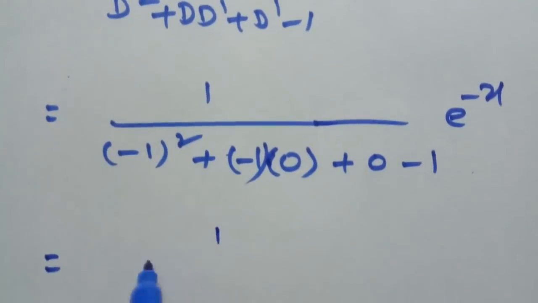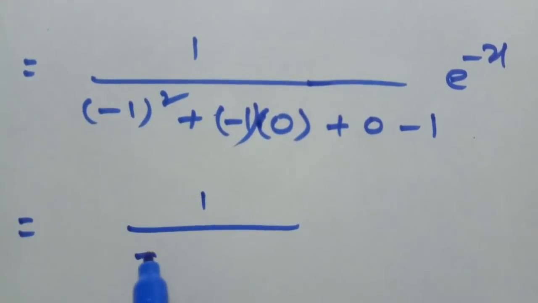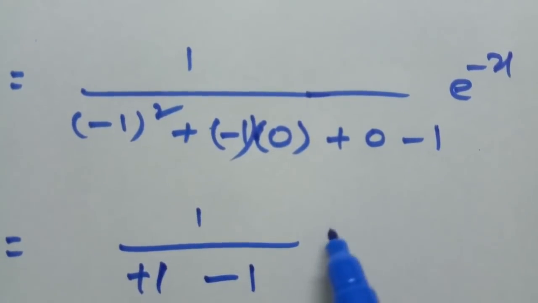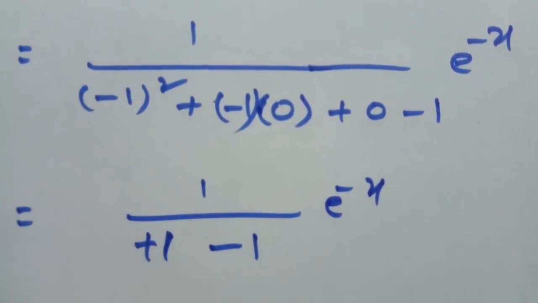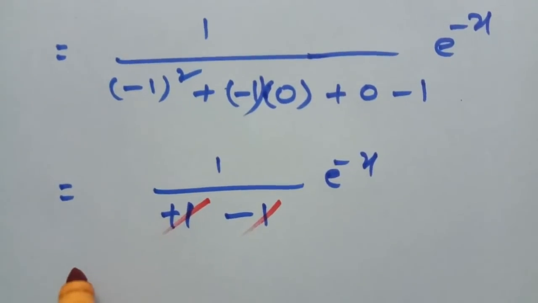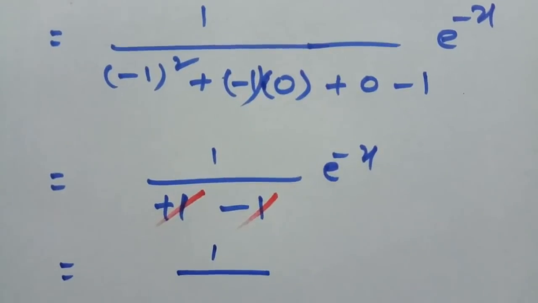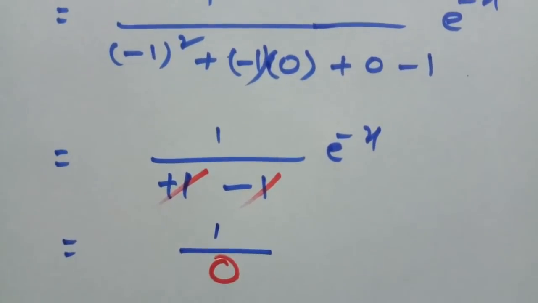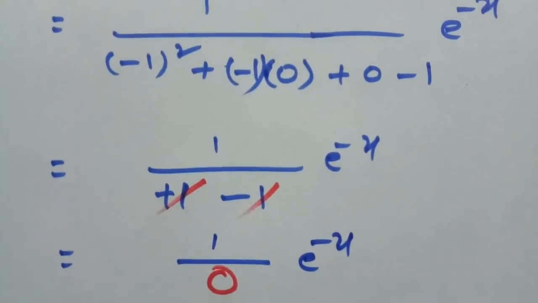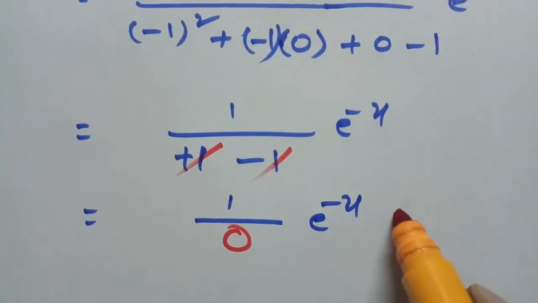Therefore, this is equal to 1 by (minus 1) whole square, that is plus 1, and minus 1, into e power minus x. Therefore, plus 1 minus 1 gets cancelled. Therefore, this is equal to 1 by 0 into e power minus x. Therefore, this can be treated as a case of failure.